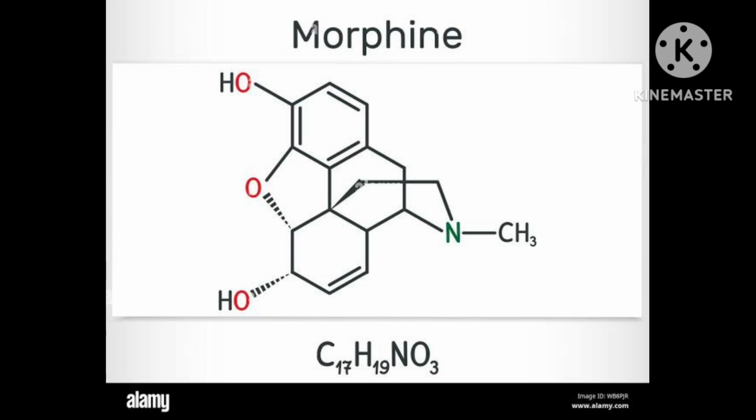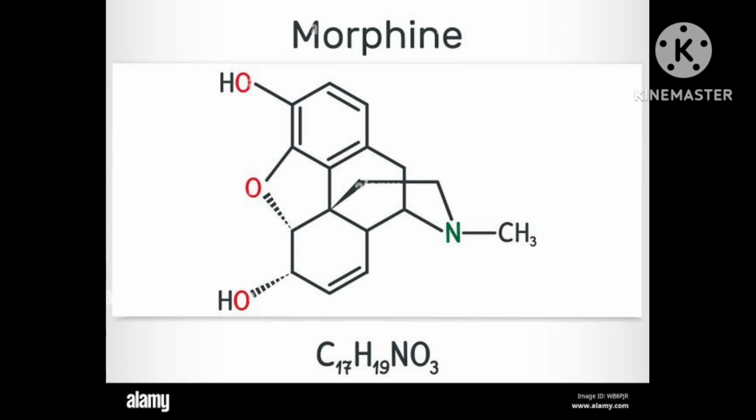Then what is the IUPAC name of heroin? It is a long name. It is actually a big compound, and its name is long because many groups are attached to this compound. Its name is 5 alpha, 6 alpha, 7, 8 dihydro, 4, 5 epoxy, 17 methyl morphinan, 3, 6 diol acetate.